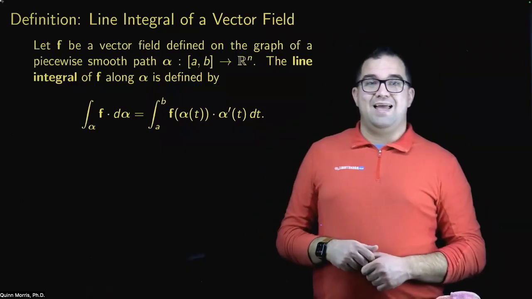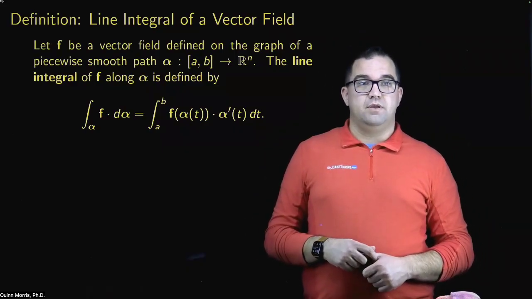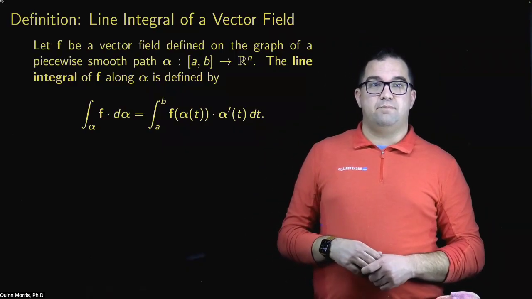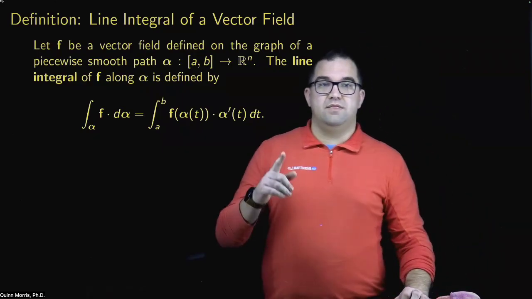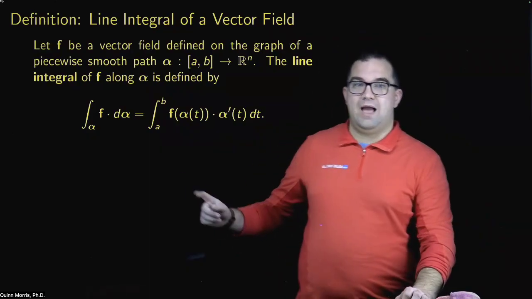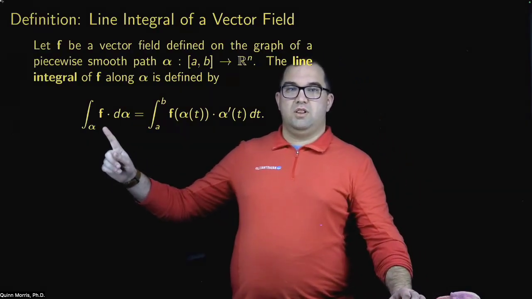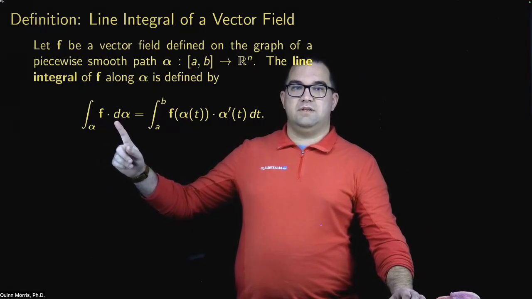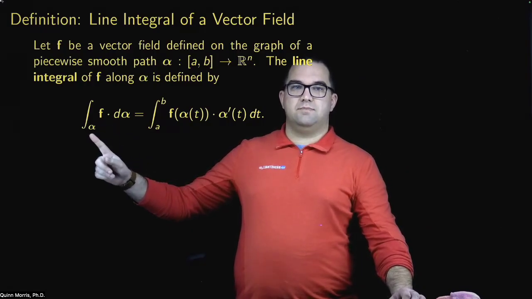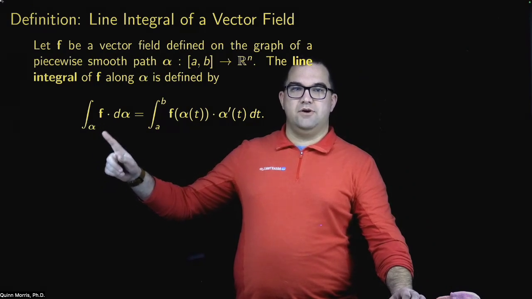Let f be a vector field defined on the graph of a piecewise smooth path alpha. Then we denote the line integral of f along alpha as the integral of f d alpha, sometimes with or without this alpha down here.